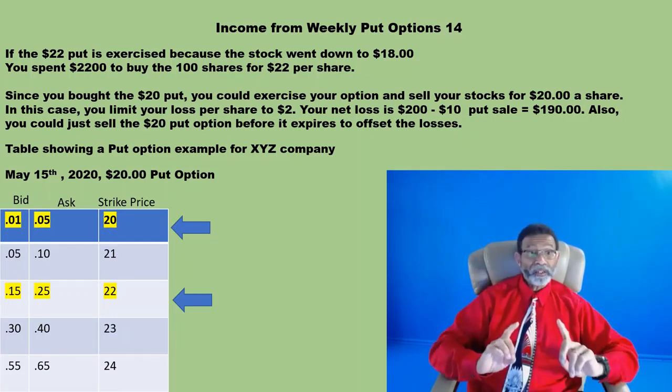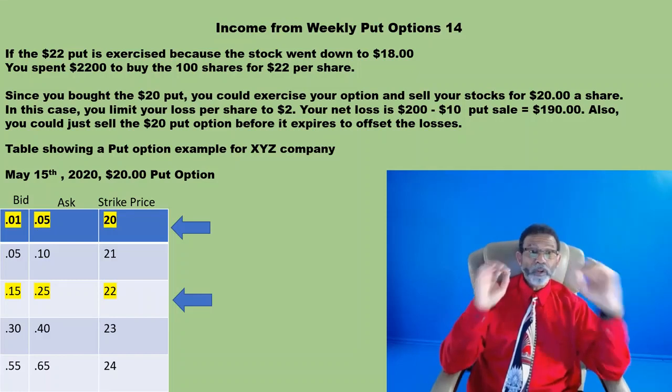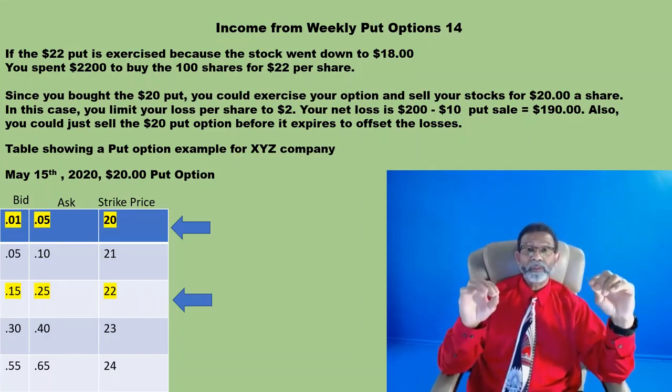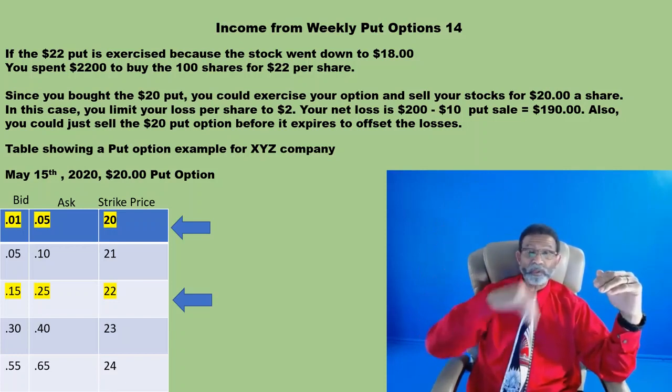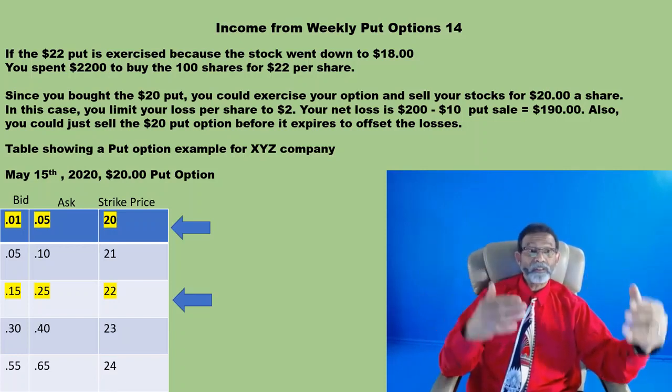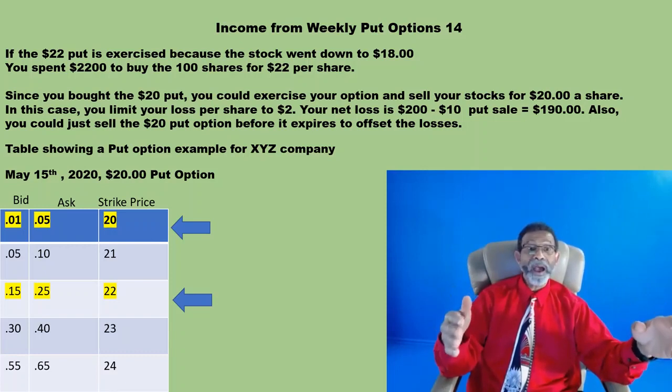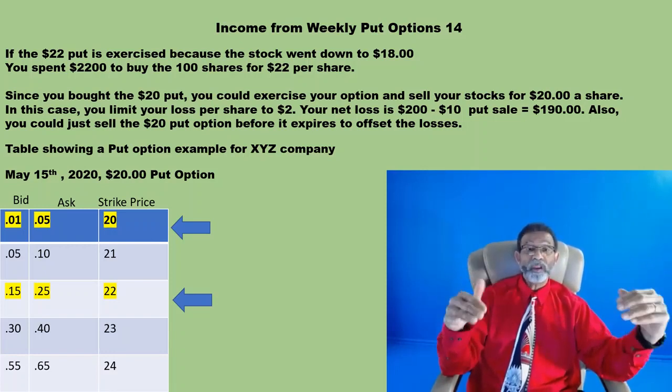So you spent $22 because let's say that put option is exercised. You spent $22 per share times 100, so $2,200 to buy those shares.